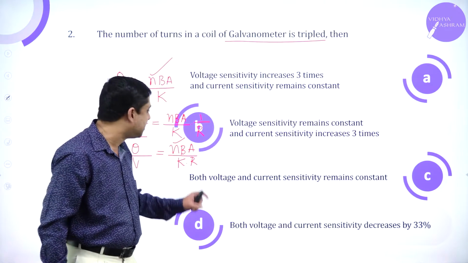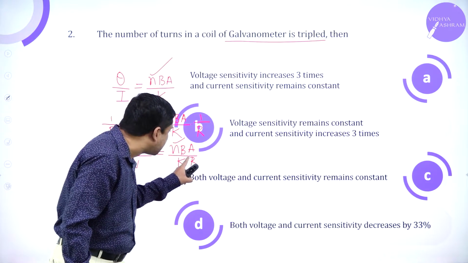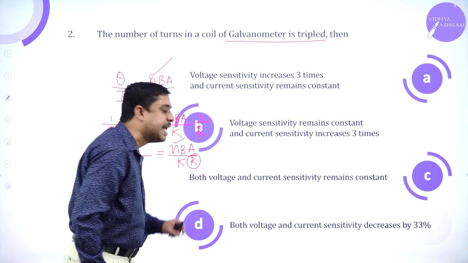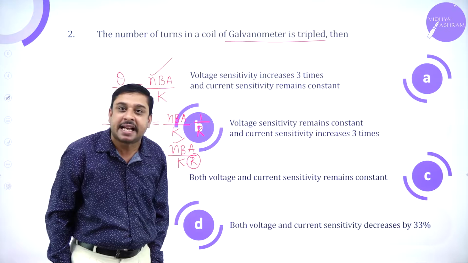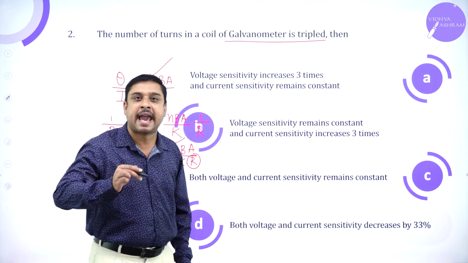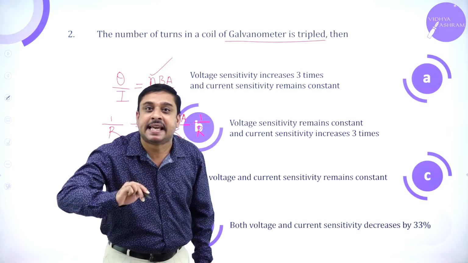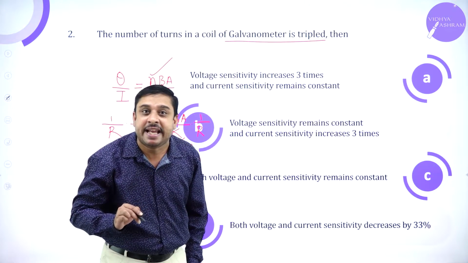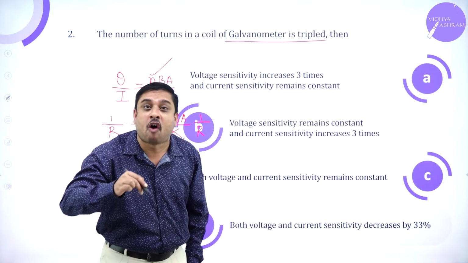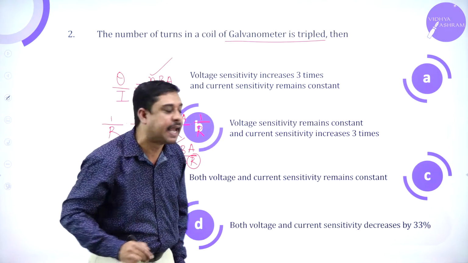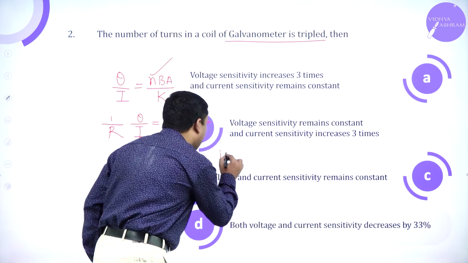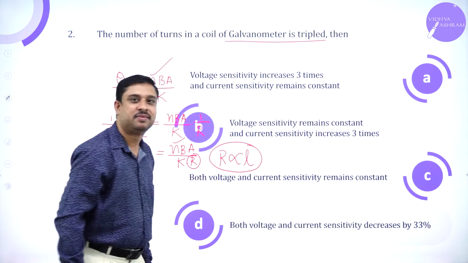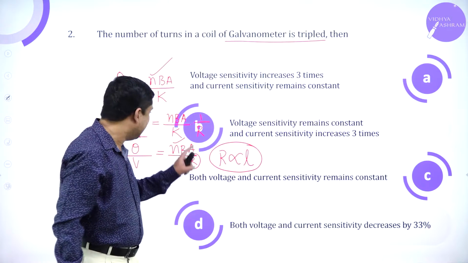My dear students, there is also a factor R, resistance, in the denominator. When you increase the number of turns, that means the length of the coil is increasing, and we know R is directly proportional to L. Very beautiful.